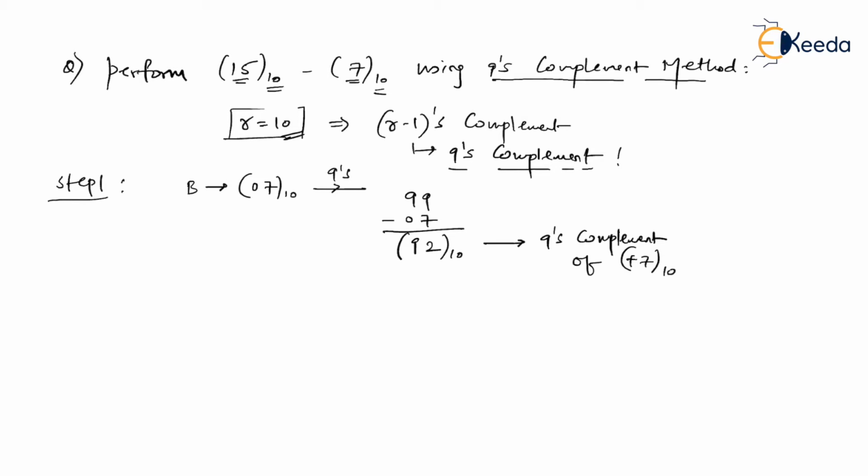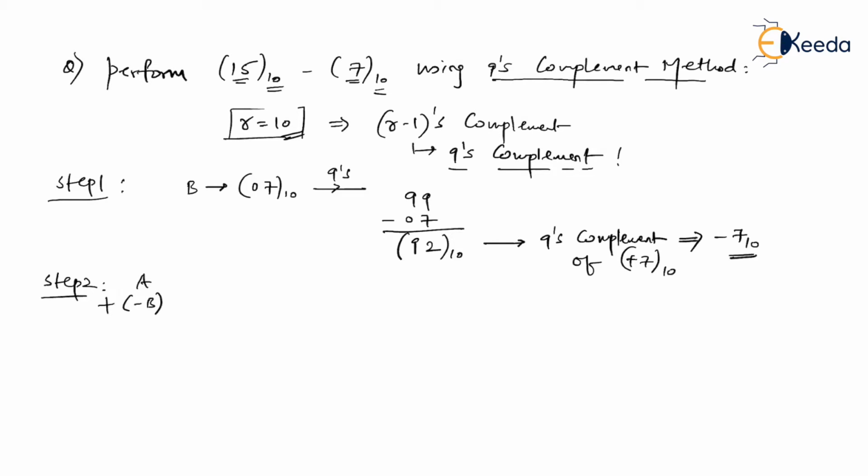Or in fact, I can take the liberty to say this is nothing but minus 7 to the base 10. Please understand, minus 7 to the base 10 is nothing but 92 to the base 10. I hope you understood that. So step number 1 is over. Step number 2 says add a with the 9's complement of b.